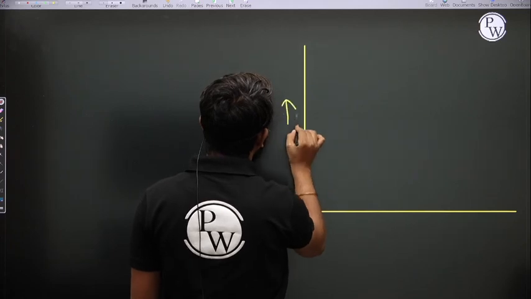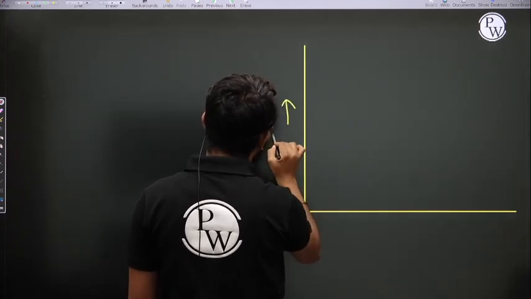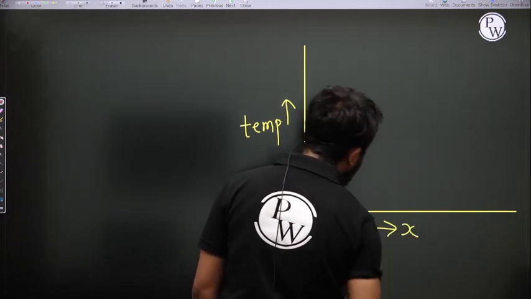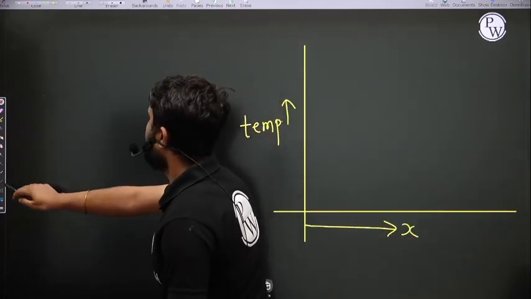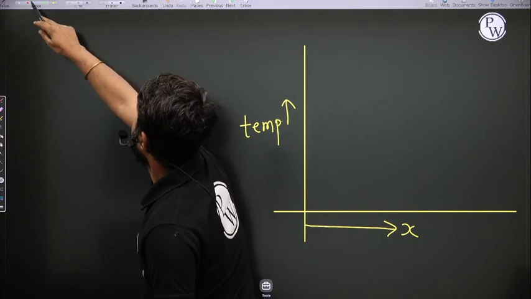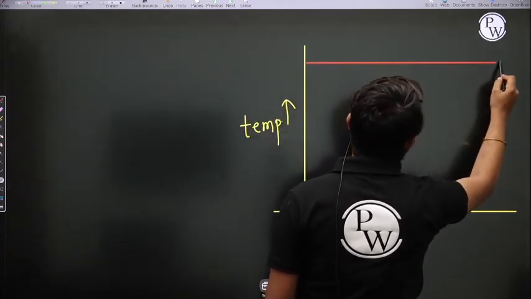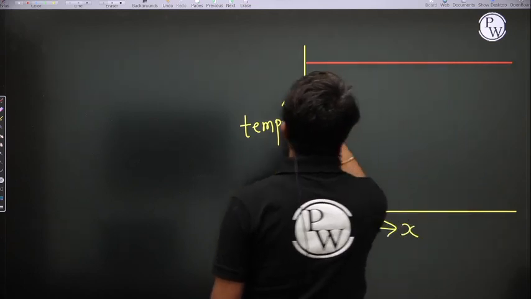Now see, if you want to see the temperature profile, see here. In the y direction, temperature; this is the x direction. The wall temperature is constant, so this is the wall temperature.